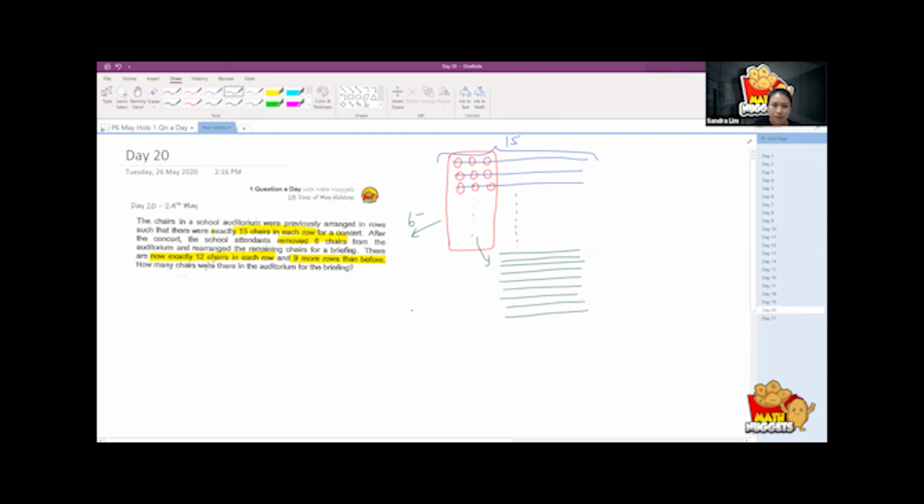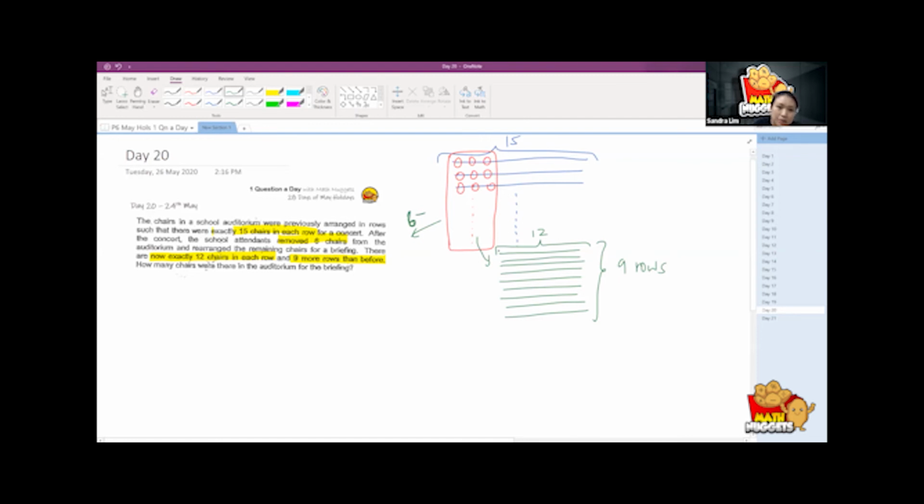Okay. So these 9 rows of 12 chairs, right? Inside here, 12 chairs, 1 row, and there are 9 rows here. Okay, so the 9 rows of 12 chairs plus the 6 chairs that they removed, they took it out of the hall, right?